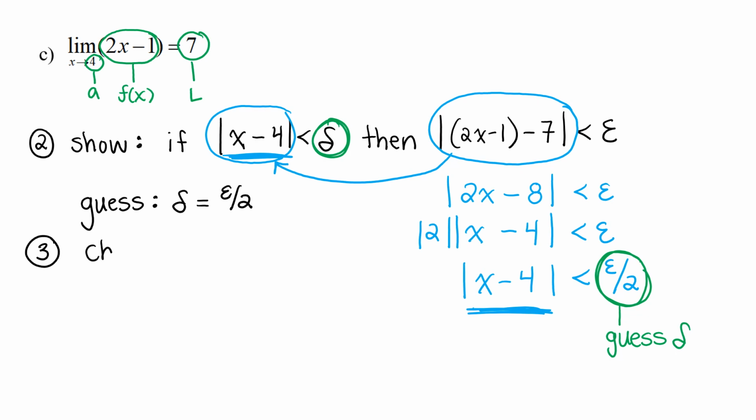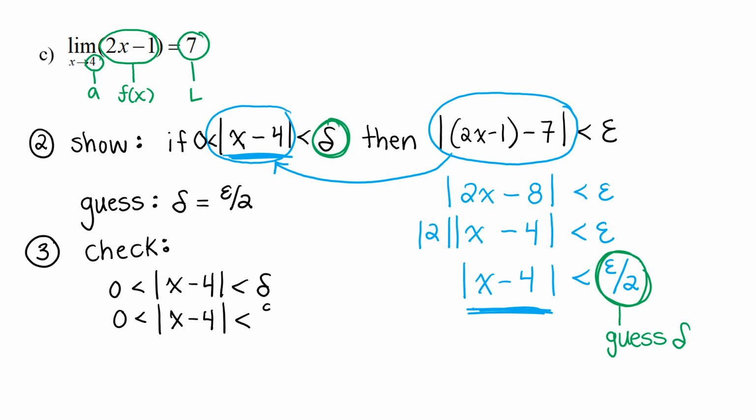So let's check this. We're trying to show that if 0 is less than the absolute value of x minus 4 is less than delta, then, well, let's substitute our guess for delta in there. So the absolute value of x minus 4 is less than epsilon over 2. And then we can multiply both sides by 2.